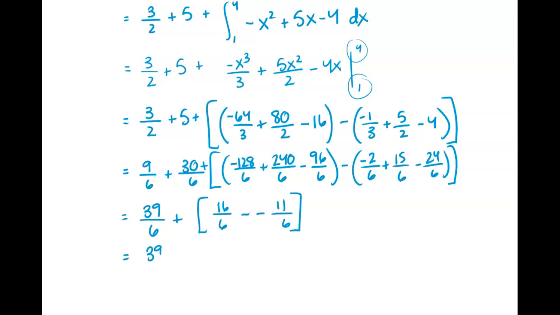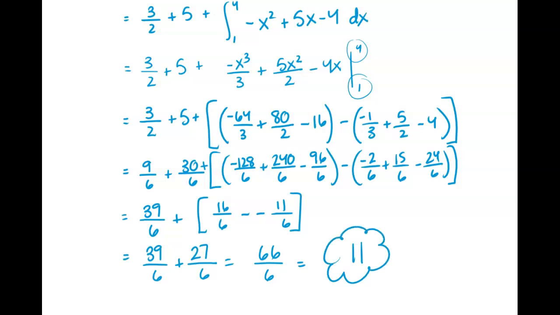So we end up with 39 over 6 plus, well, 16 plus 11 is 27 over 6. 39 plus 27 is 66 over 6, which is 11. And we're finally done. G of 4 is 11.